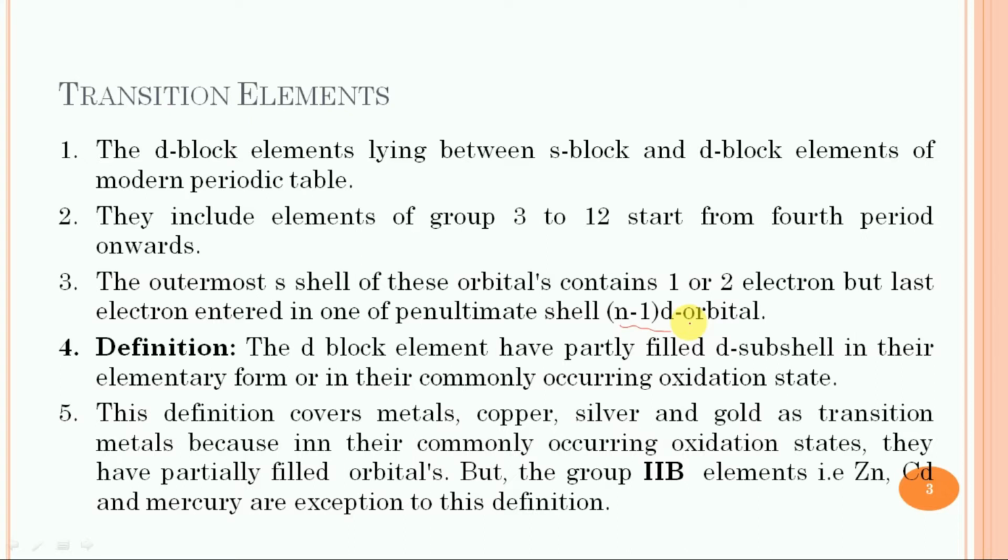The elements of this block have general characteristic properties intermediate between s block elements and p block elements. In other words, d block elements represent a complete change from most electropositive s block elements to least electropositive p block elements, and therefore they are also called transition elements.